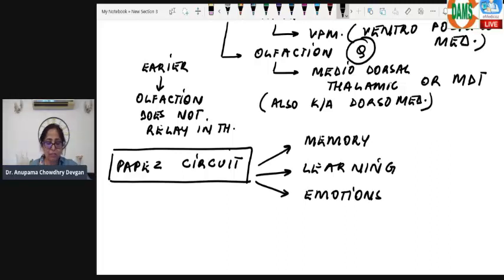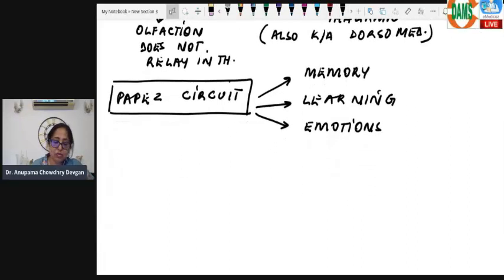Thalamus forms a very important part of the Papez circuit. This has an important role to play in memory, conversion of short-term to long-term memory, as well as learning, and in emotions.